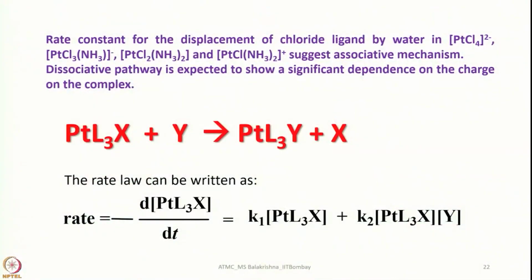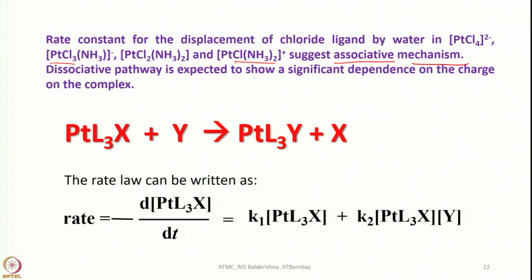For example, if you look into the rate constant for the displacement of chloride ligand by water in tetrachloroplatinate, or you can consider here PtCl3(NH3) with an anionic ligand, or diammine dichloro, or something like this. If you consider any of these 4 complexes, for substitution of chloride by water, they suggest an associative mechanism.